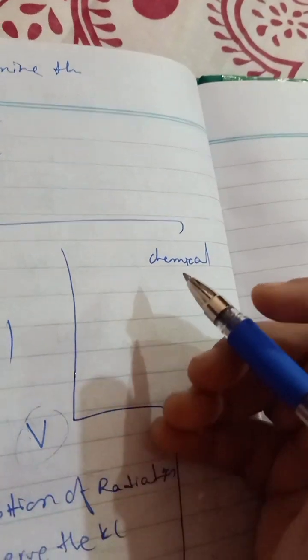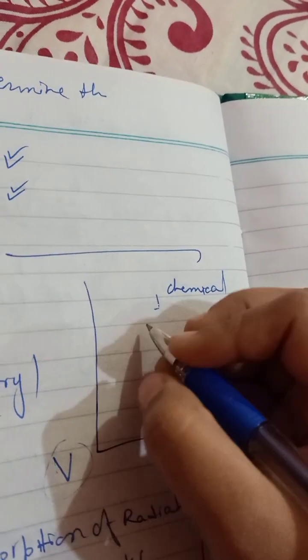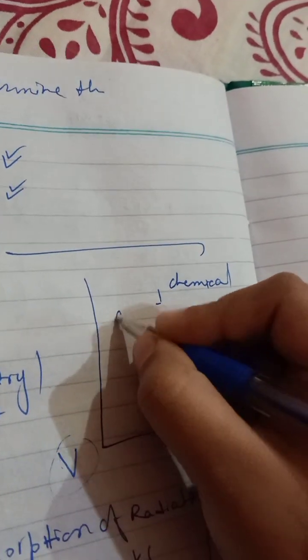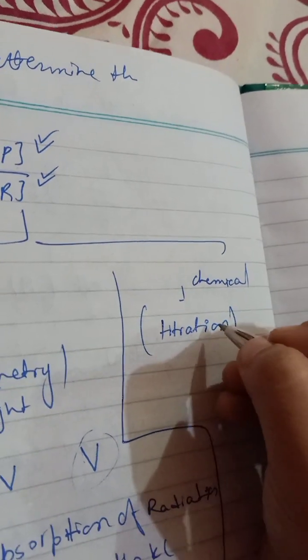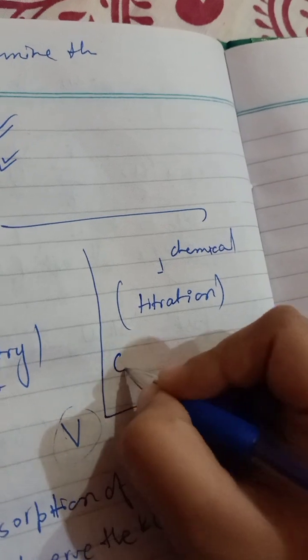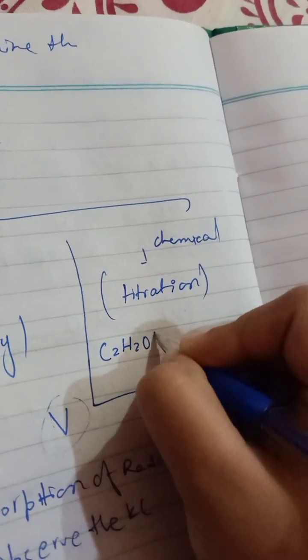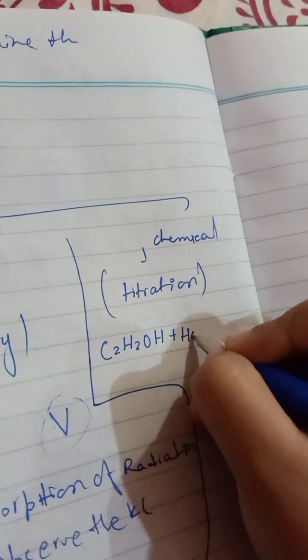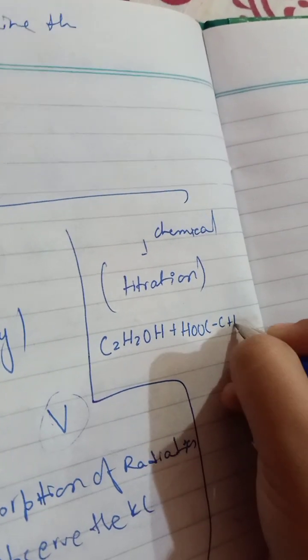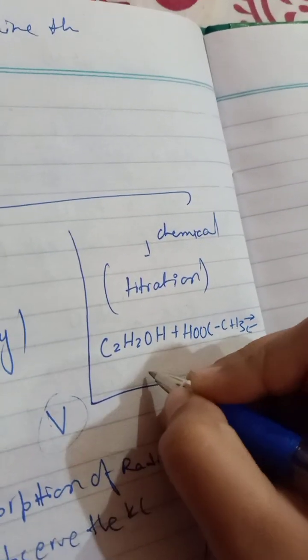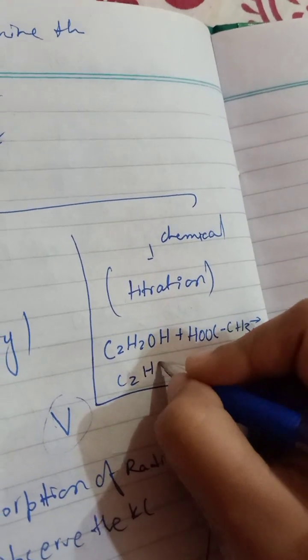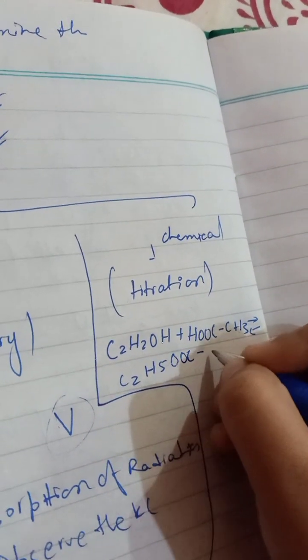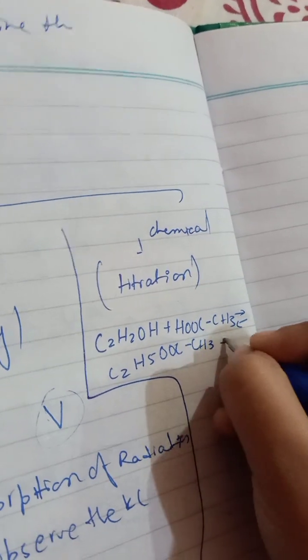Now we are going to discuss the chemical method. The chemical method is done by titration. For example, I'm taking the reaction of ethyl alcohol plus acetic acid, and the product we have is ethyl acetate plus water.